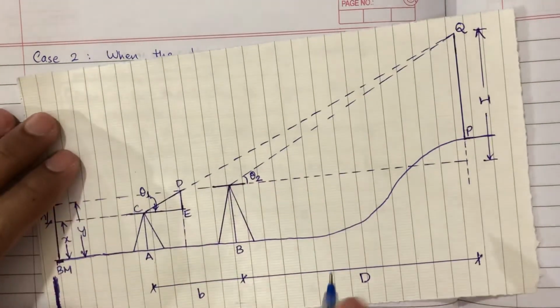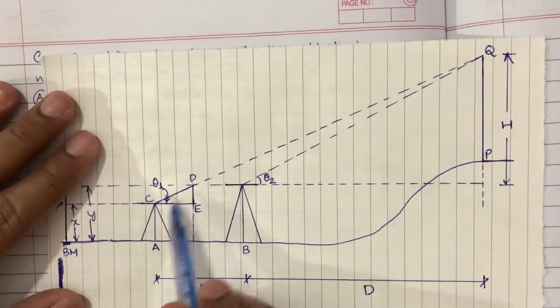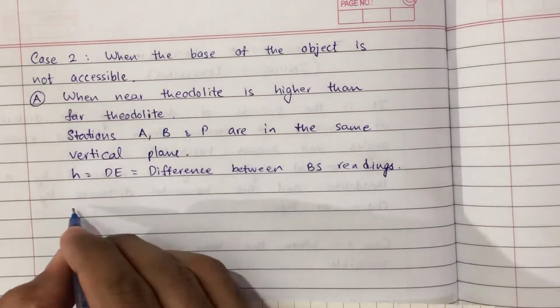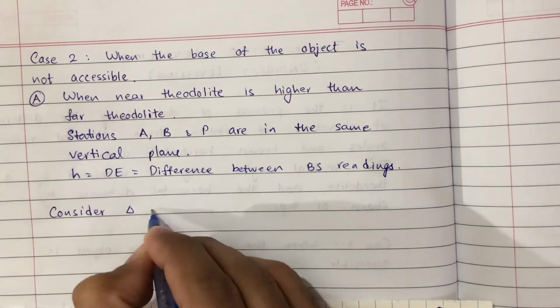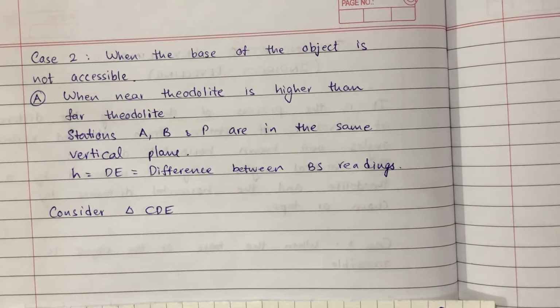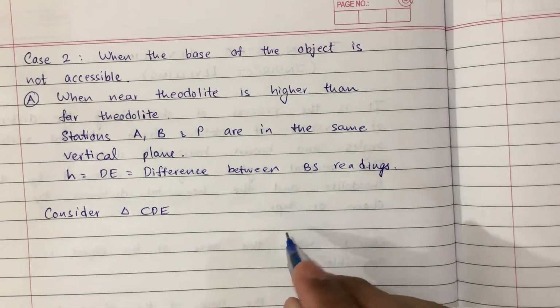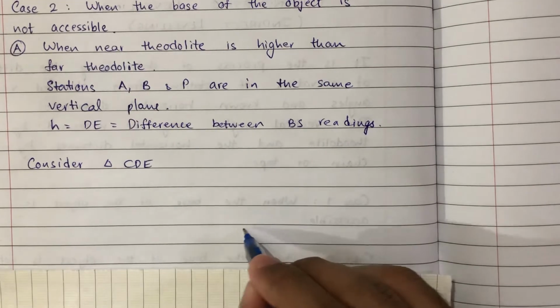Fine. Now if we consider triangle CDE, this triangle CDE is actually a right angle triangle.